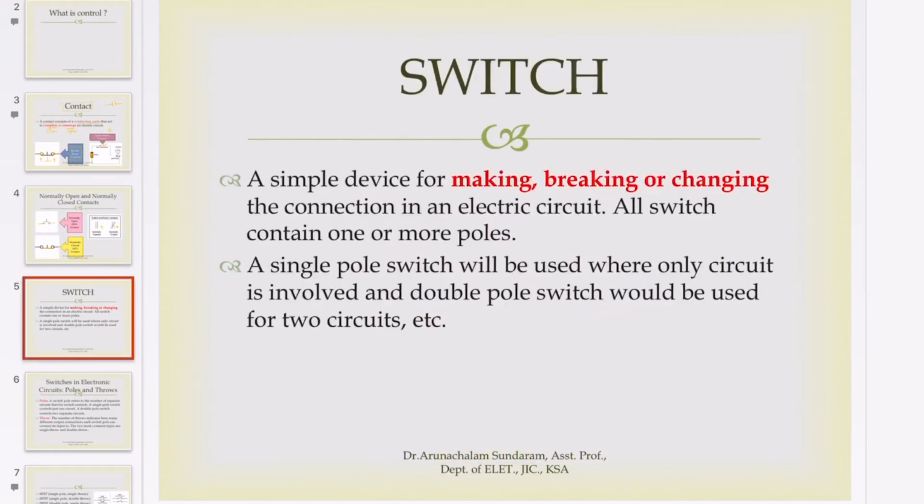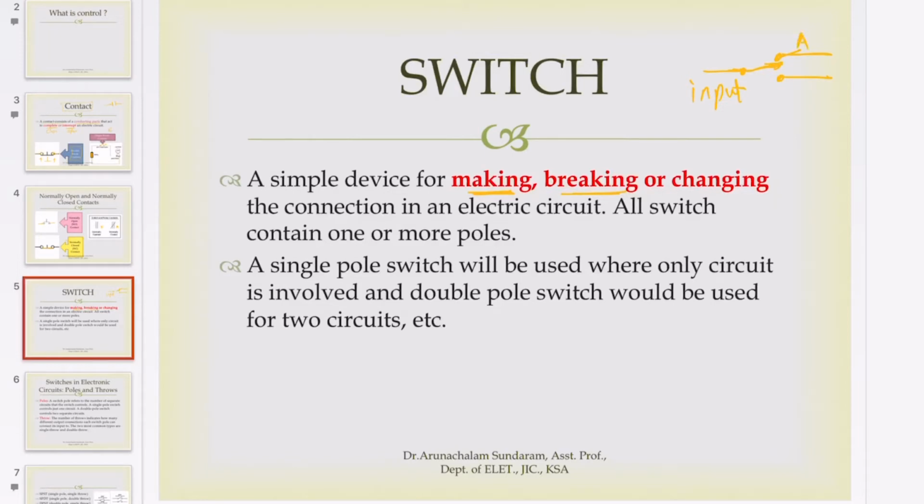Now, for the switch, a switch is a simple device for making, which means closing the circuit, breaking the circuit to disconnect it, or changing the connection in an electrical circuit. This is the input, we have 2 outputs, and this is the switch here.